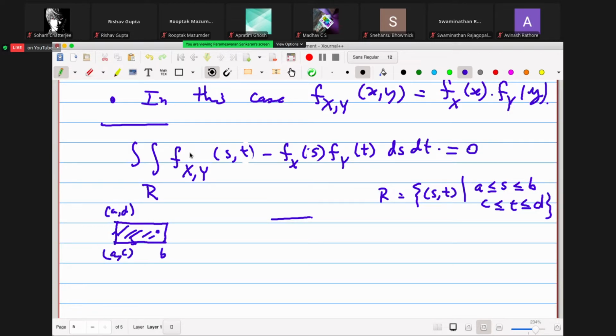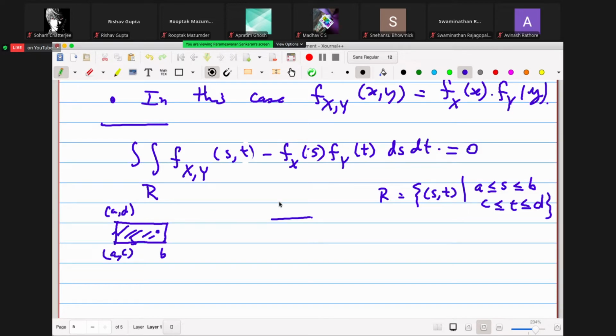And I'm assuming that if this function is somewhere non-zero, in a small closed rectangle it will be non-vanishing. If it is non-vanishing, it is strictly positive. That's enough for me.